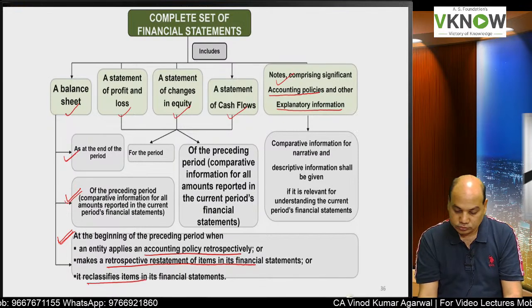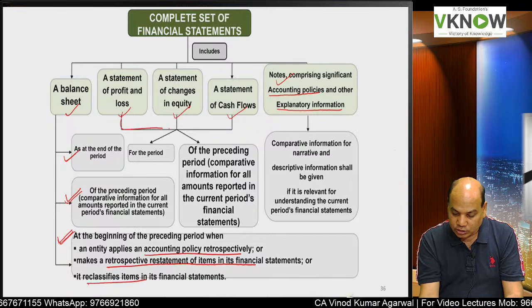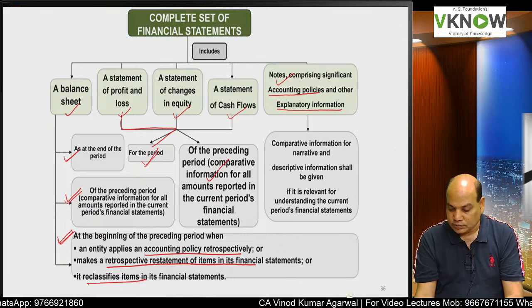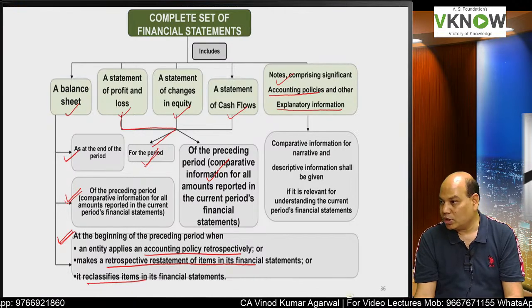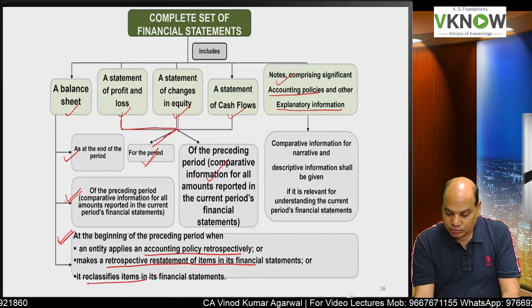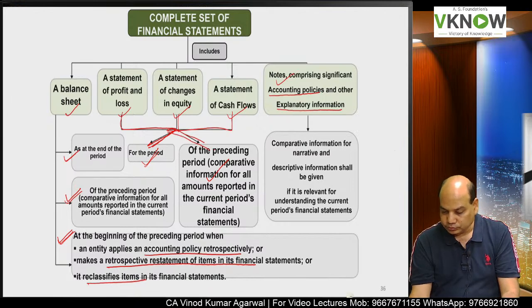Okay. Then come to the P&L account. You will prepare one profit and loss for the current period and one comparative for the previous year. Minimum one comparative is required. Same thing for the statement of changes in equity, same thing for the statement of cash flow.